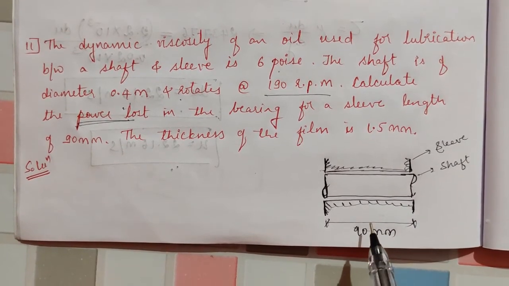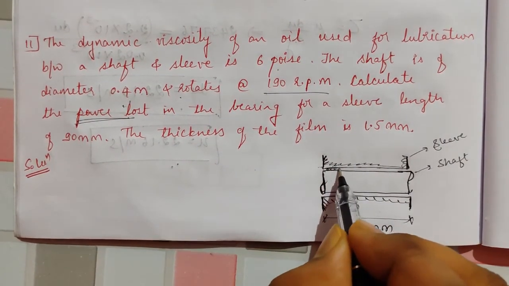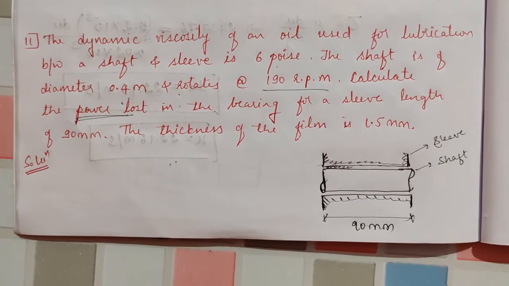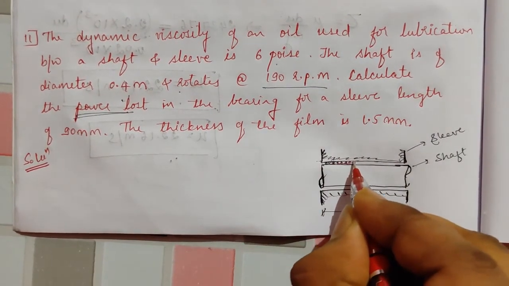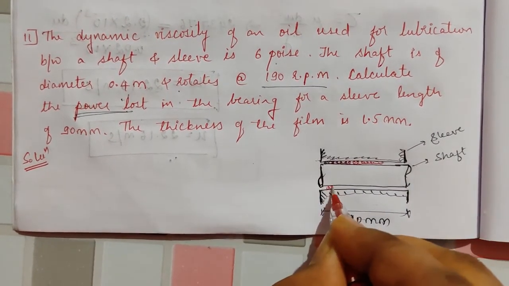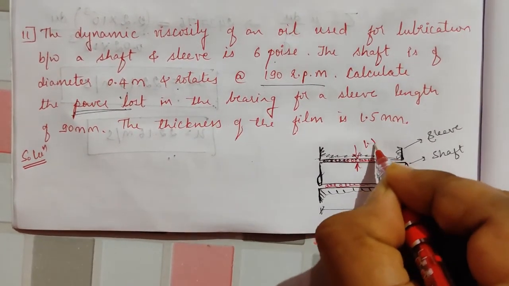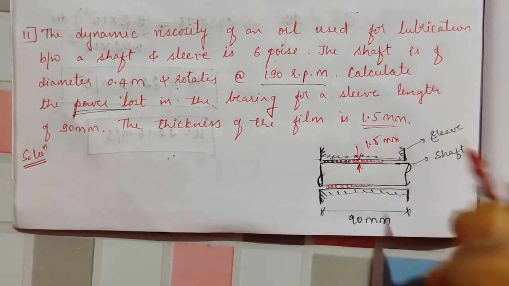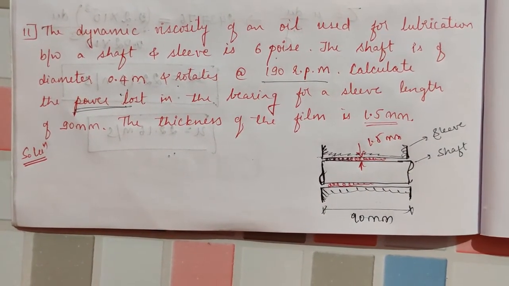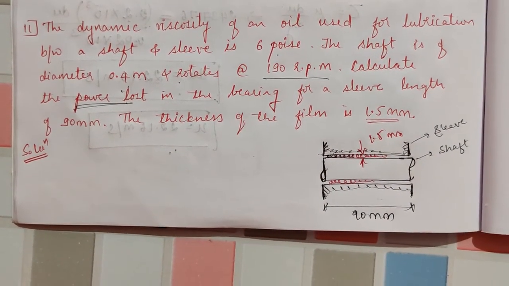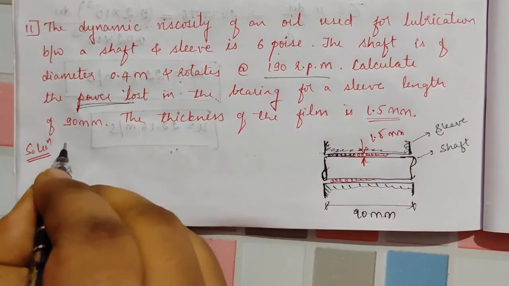And the thickness of the film means the oil film thickness, which is 1.5 mm. It's given here. So what are the given values?